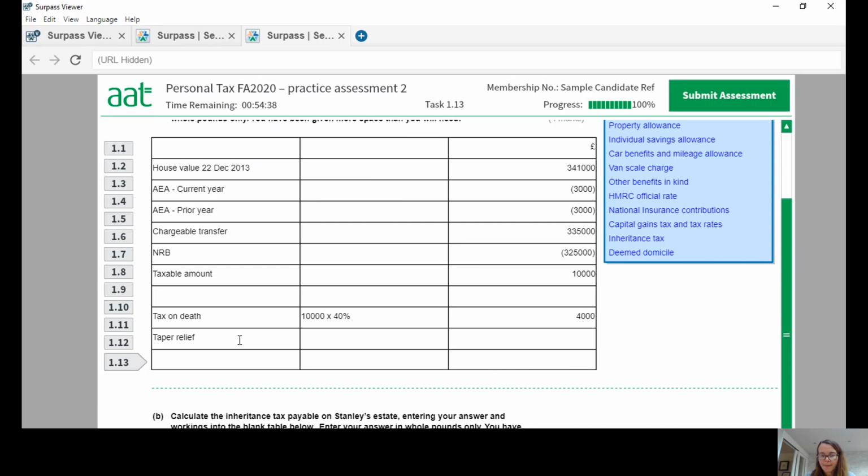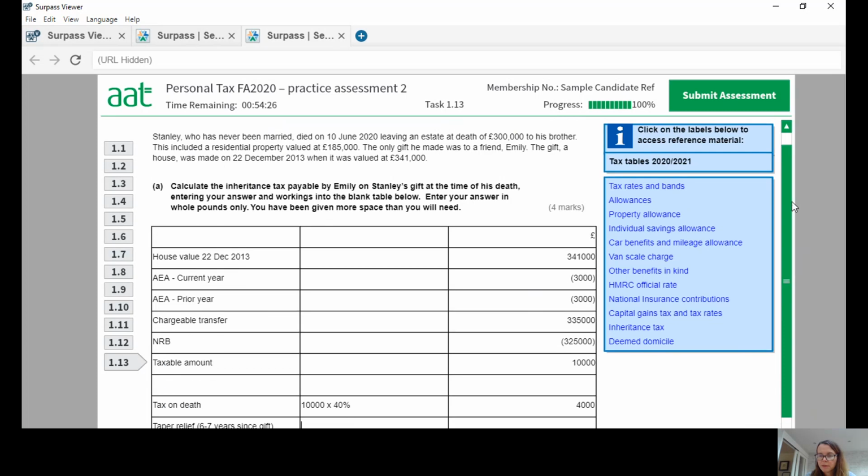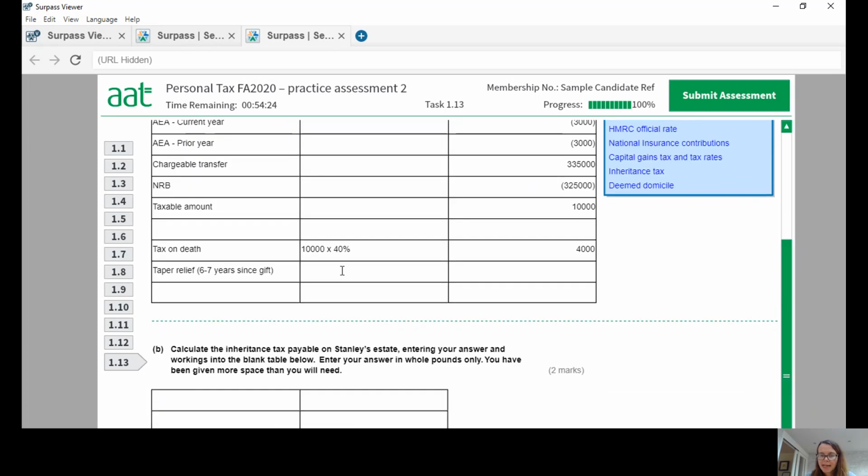Taper relief, 6 to 7 years. Right, so remember taper relief is applied to the tax.